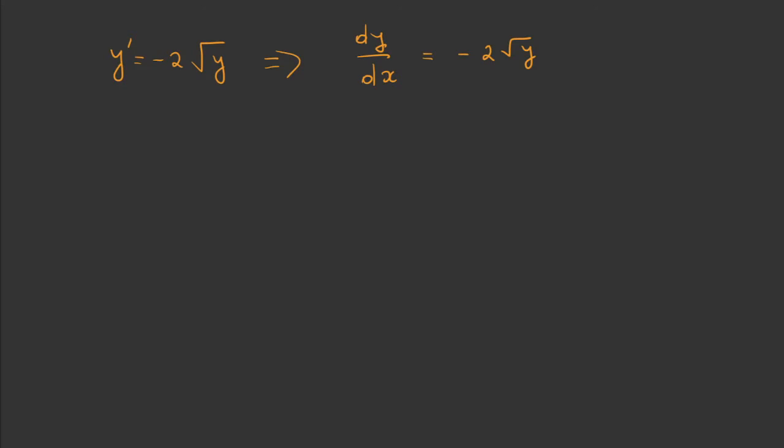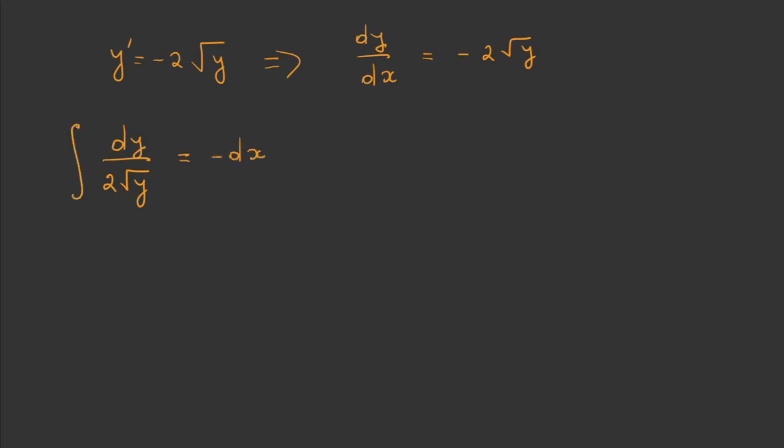If this equation has other solutions, namely solutions that take a non-zero value at some point, we will be able to find them by separating the variables. In order to separate the variables, we need to divide both sides of this equation by 2 square root of y, which is possible if y is not equal to 0, and also multiply both sides by dx. We obtain dy over 2 square root of y equals negative dx.